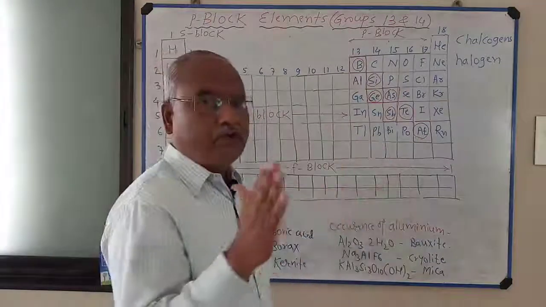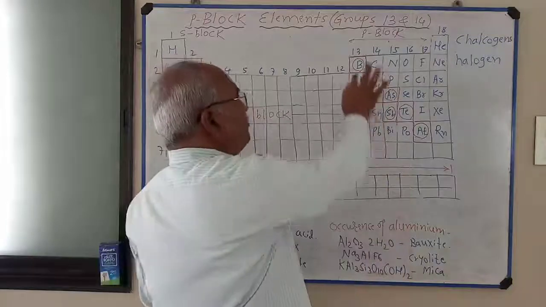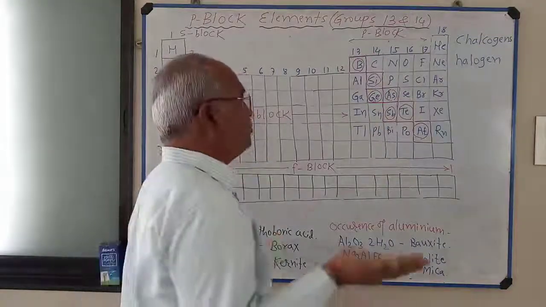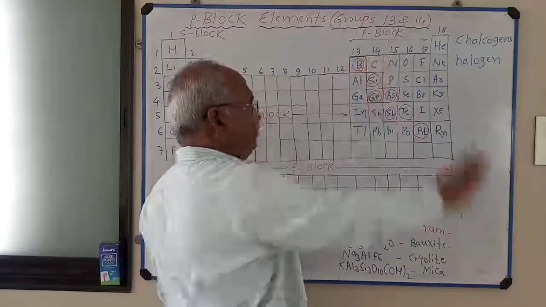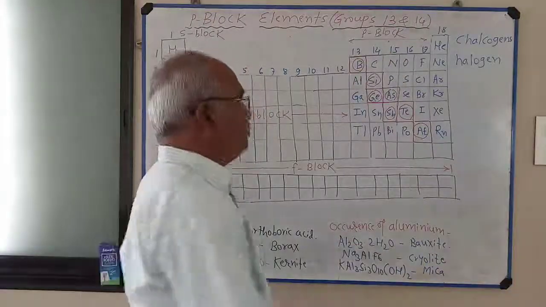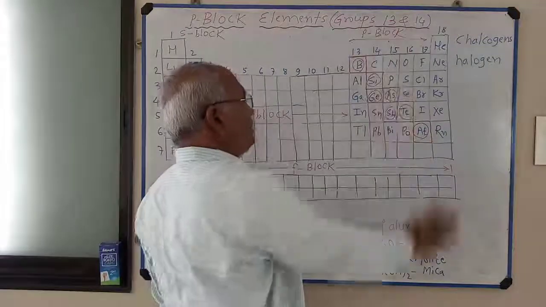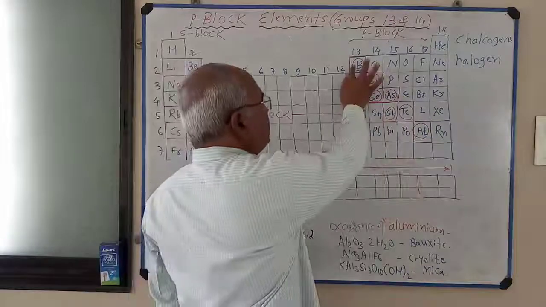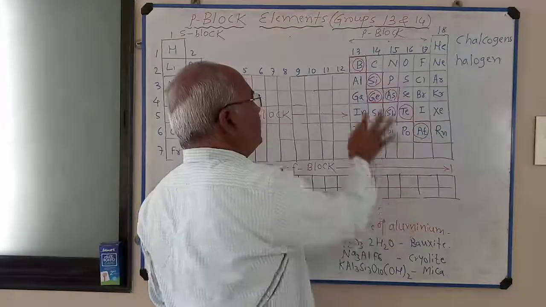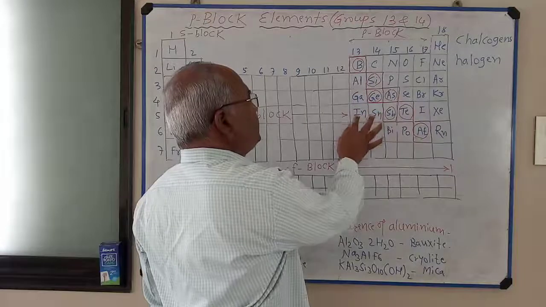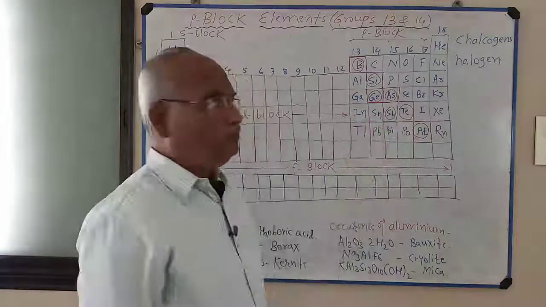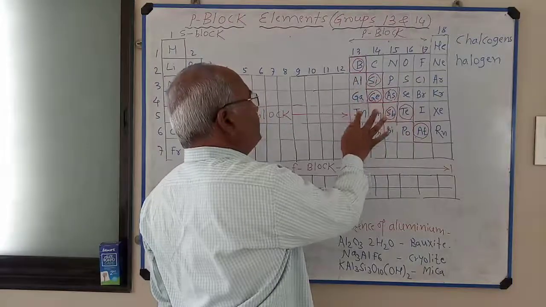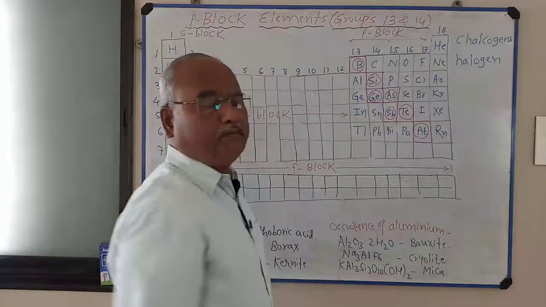First we complete the study of boron family, and then we are going to learn carbon family. In group number 13 there are 5 elements: boron, aluminium, gallium, indium and thallium.